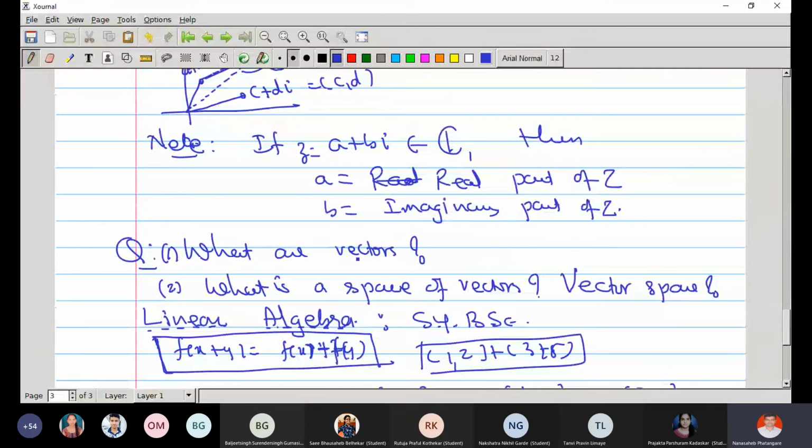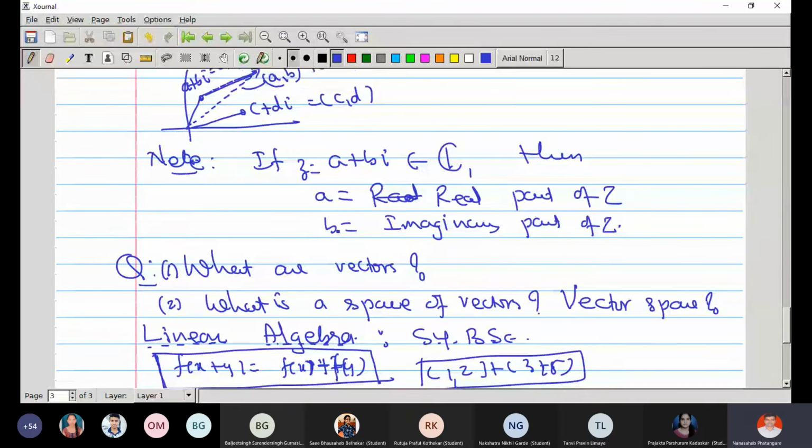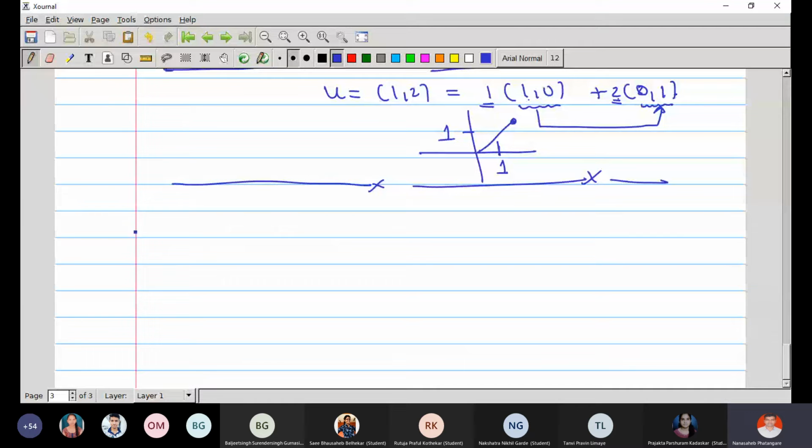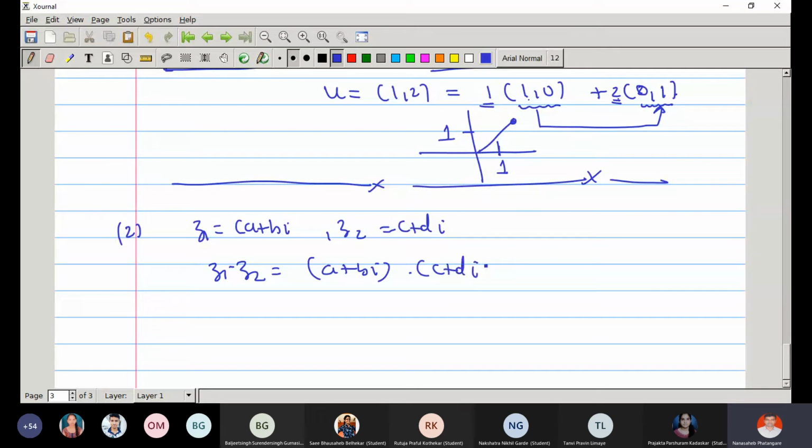Okay, so real part, imaginary part. Now, how to multiply? So Z1 is equal to A plus BI and Z2 is equal to C plus DI. So how do we multiply Z1 into Z2? Z1 into Z2 is (A plus BI) into (C plus DI).